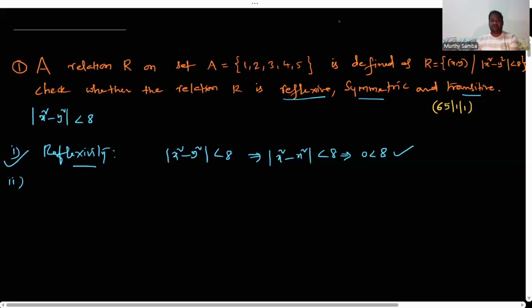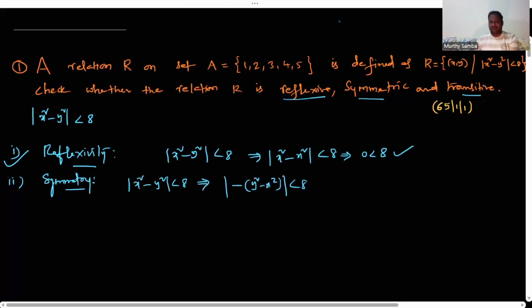Coming to symmetric relation. In the case of symmetric relation, you already know that modulus of x square minus y square less than 8 means (x, y) belongs to R. Then, if I take minus one common out, it is minus of (y square minus x square) less than 8 still.